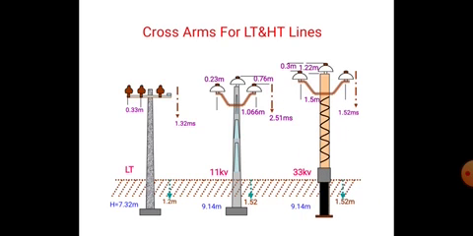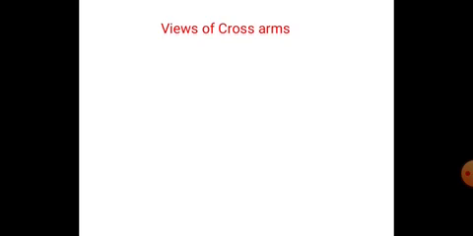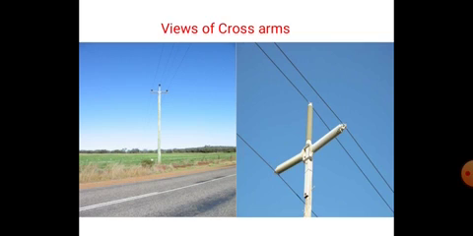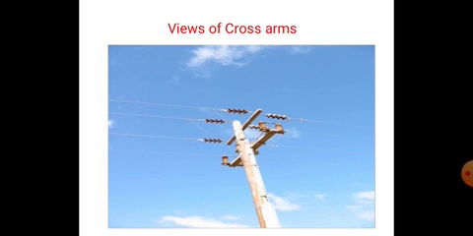Here it is 33 kV. For 33 kV it is 9.14 meters. The spacing of the conductors should be minimum. See here it is a horizontal cross arm. These are the different types of cross arms.